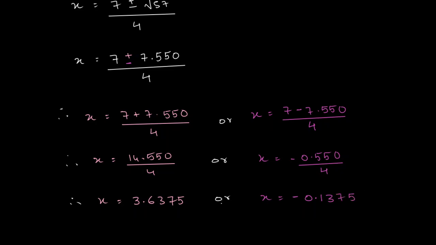So these are the two values of x, x is equal to 3.6375 or x is equal to minus 0.1375.